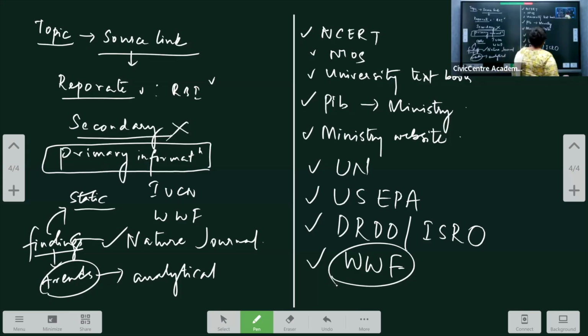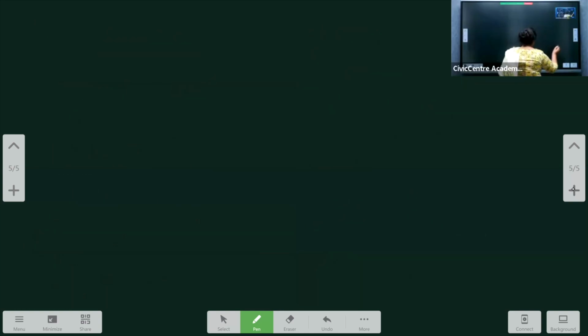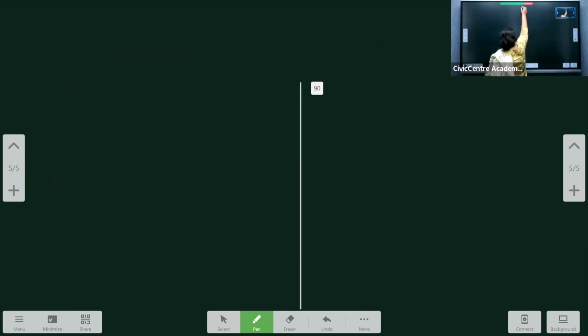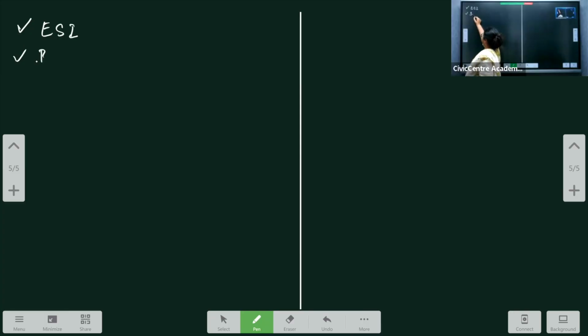Then for economy, what are the sources or how do you analyze the trends and make questions? You know, always it is Economic Survey of India, budget if that is there, the budgetary allocations that are there.